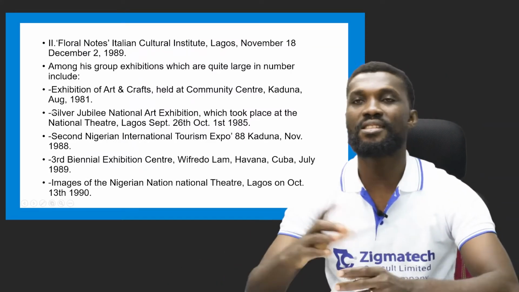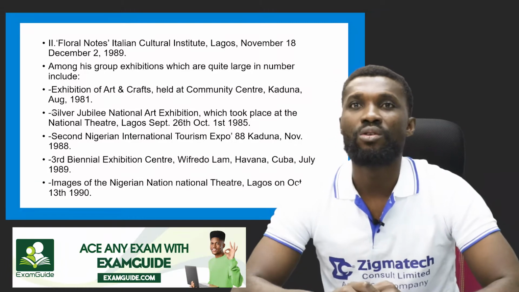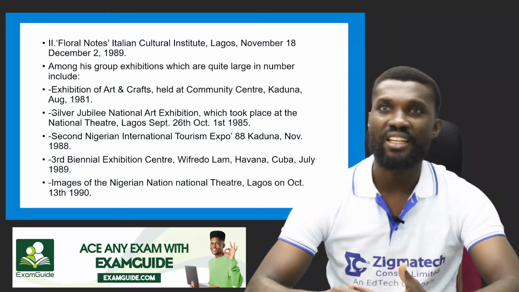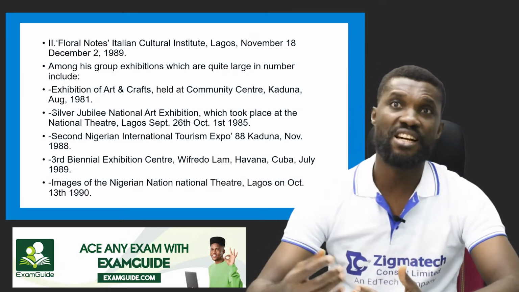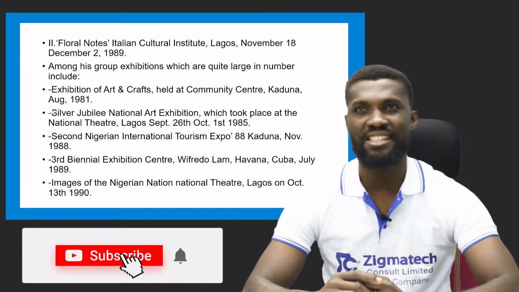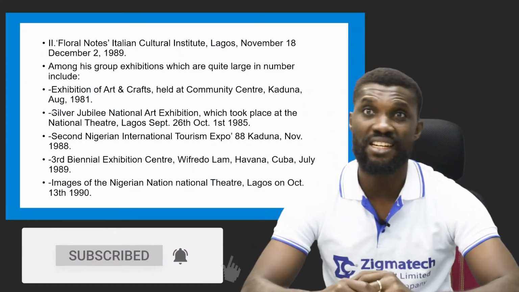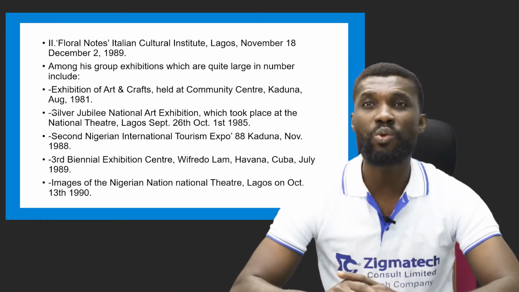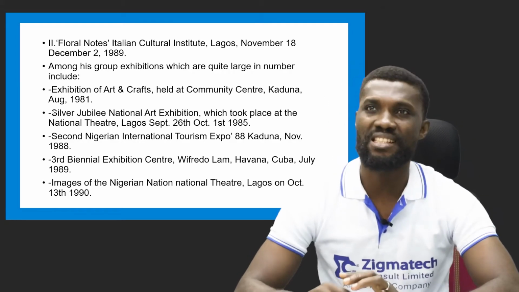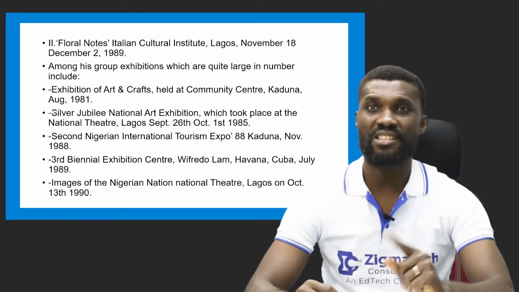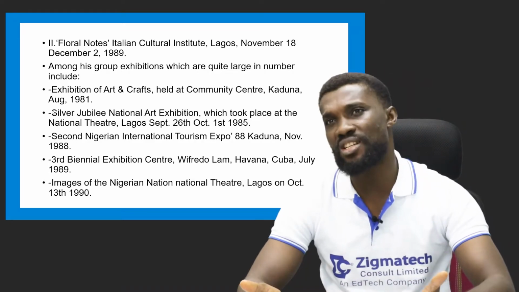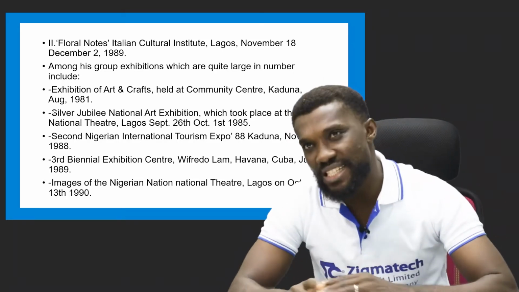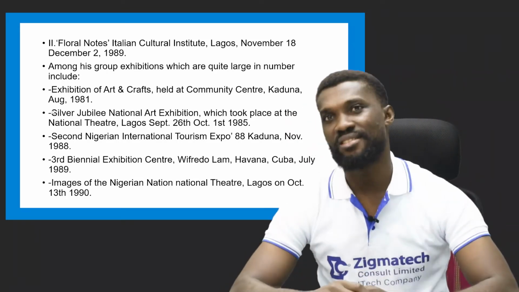Now, let's see some of the impact he made. These are some of the exhibitions he has done. So we have the Flora Notes, Italian Cultural Institute, Lagos, Nigeria, on December 2nd, 1989. Among his group exhibitions, which are quite large in number, is an exhibition of art and craft held at a community center in Kaduna in August 1981. Silver Jubilee National Art Exhibition, which took place at the National Theatre, Lagos from September 26th to October 1st, 1985.